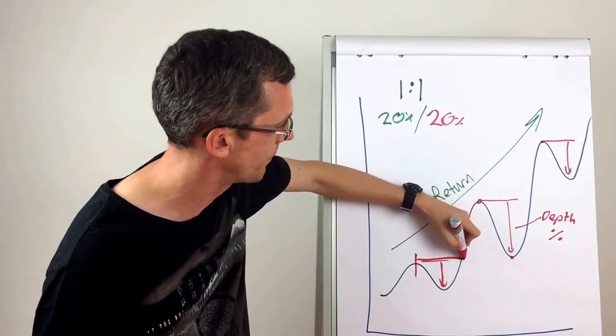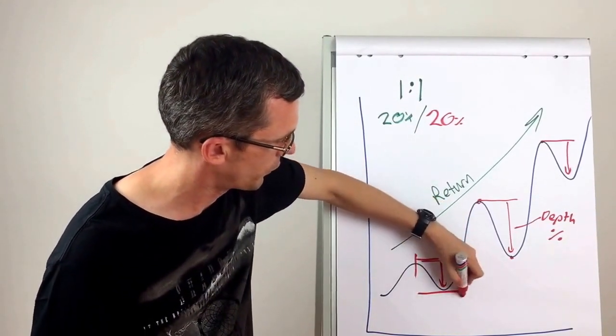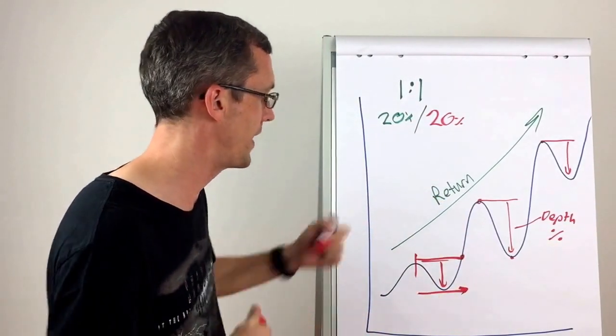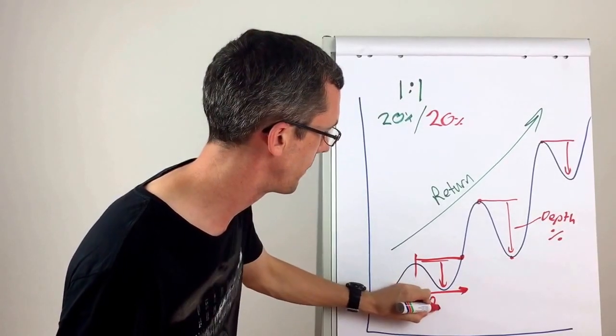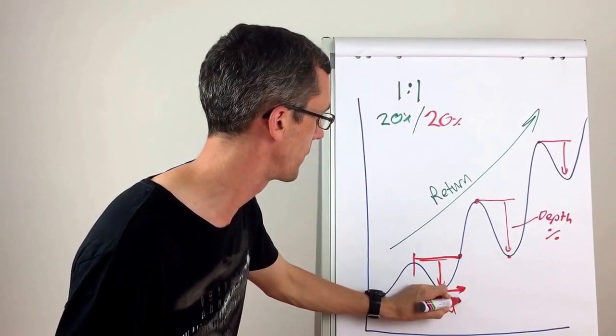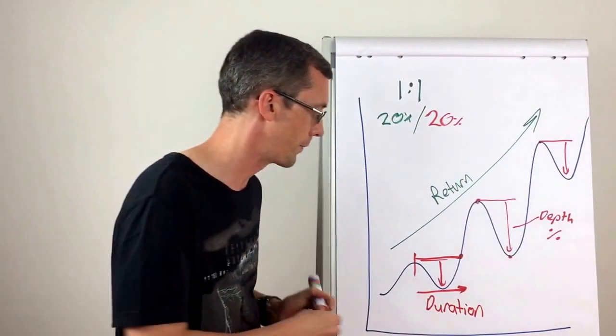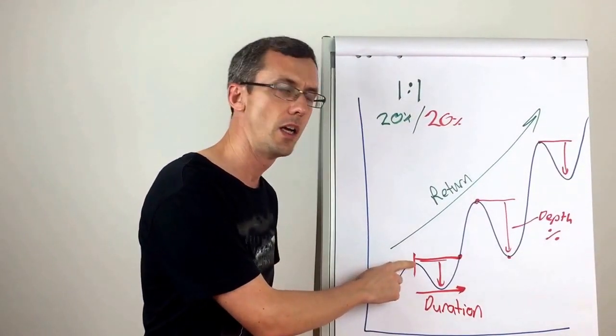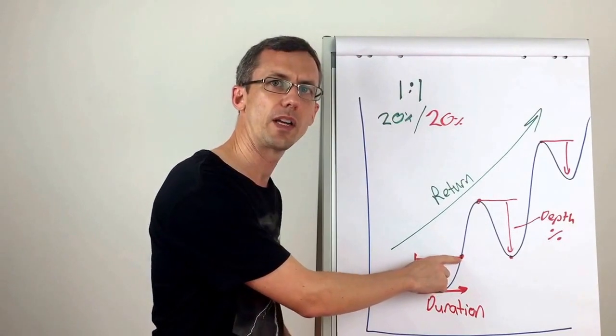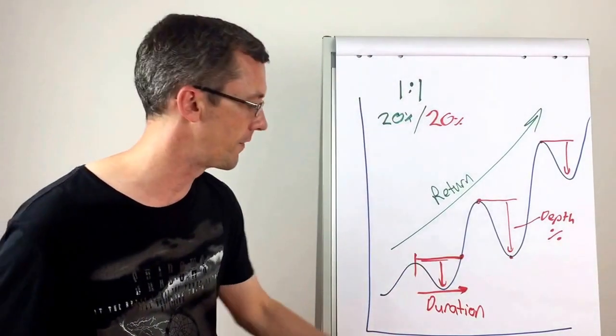What do I mean by duration? The duration of a drawdown is the amount of time from one equity high to when you exceed that equity high after the drawdown is finished.